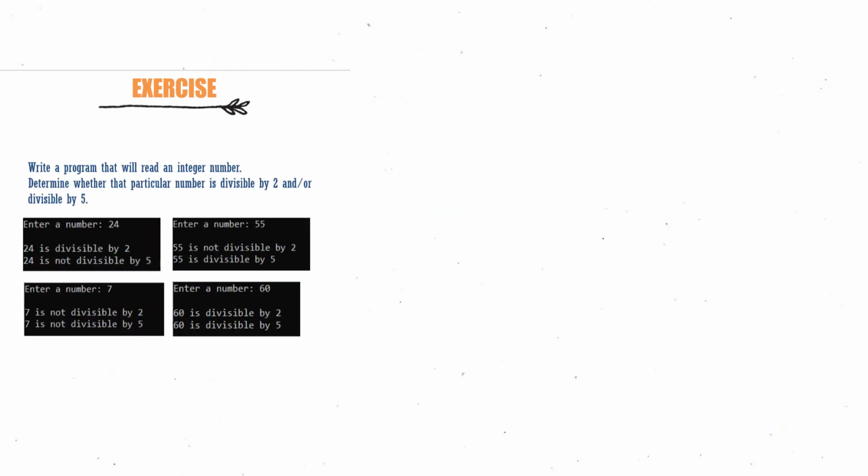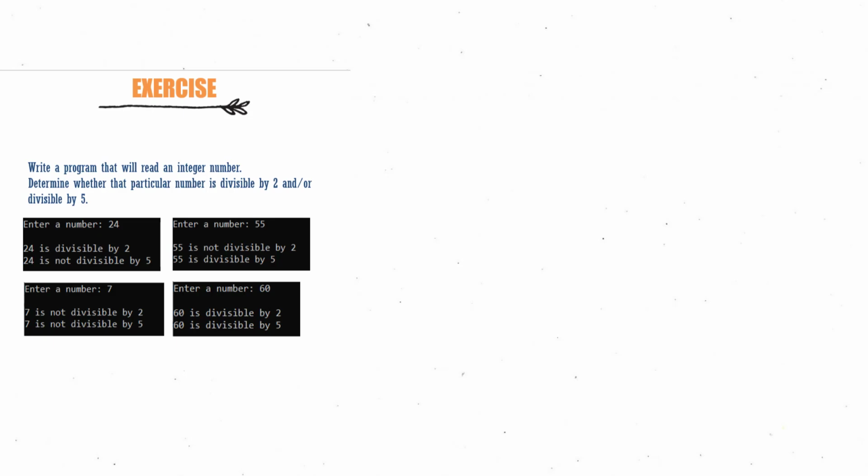Okay, so this would be the last exercise for this segment. The question says write a program that will read an integer number. Based on that number we need to determine whether that particular number is divisible by 2 and or divisible by 5. For example, if the user enters 24, 24 of course is divisible by 2, but it is not divisible by 5.